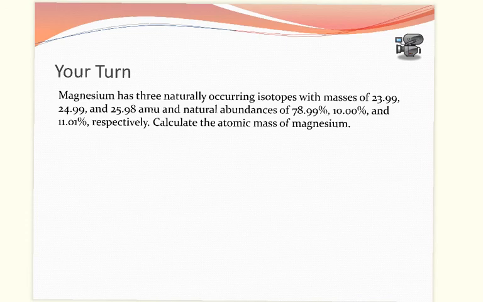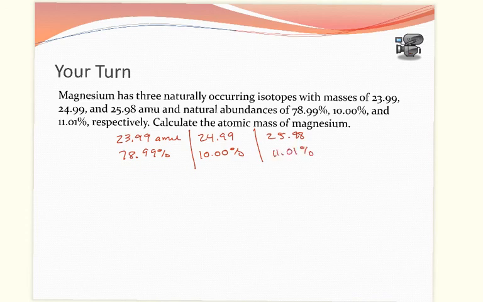So we saw that isotope 1 is 23.99 AMU, and the abundance is 78.99%. For isotope 2, we have a mass of 24.99 and an abundance of 10.00%. And isotope 3 has a mass of 25.98 and 11.0%.